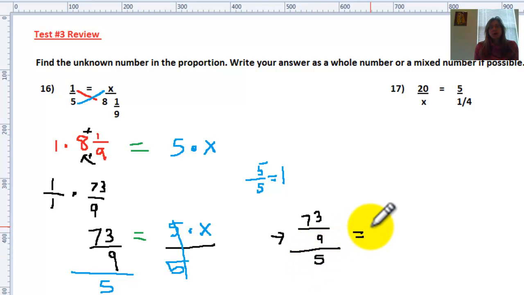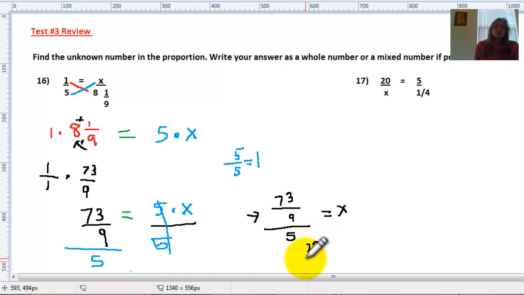So we need to simplify this expression. We're going to take the 73/9 and divide it, because this fraction line is a division sign, and that becomes this division sign. So you keep your numerator 73/9, divide by the 5, and put the 5 over 1.